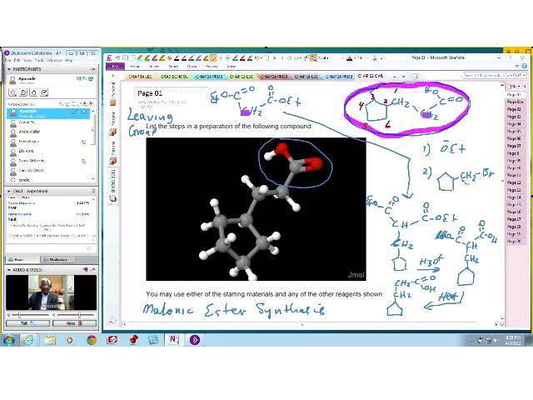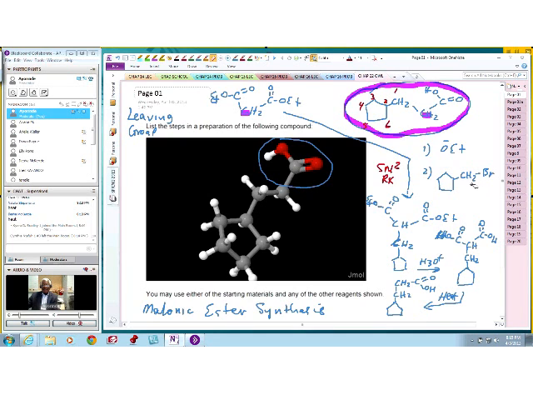Now the point here with this alkylating agent is that this is an SN2 reaction, which is to say that the leaving group must be attached to either a primary carbon or a secondary carbon.